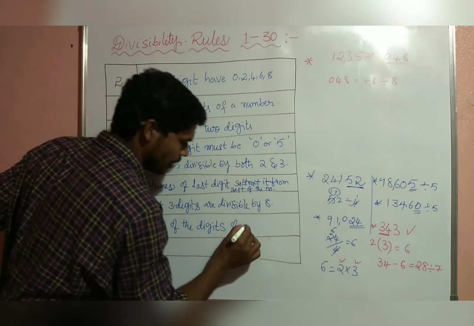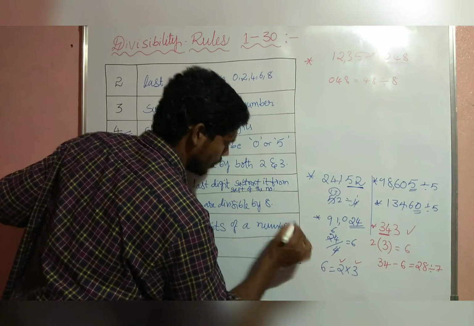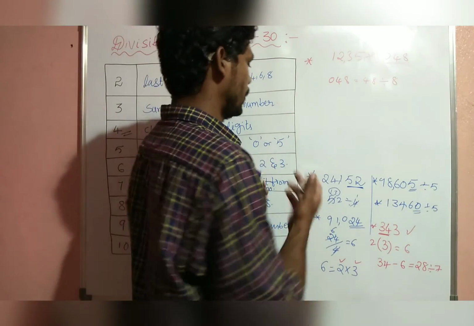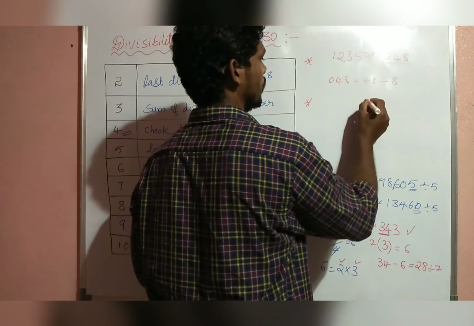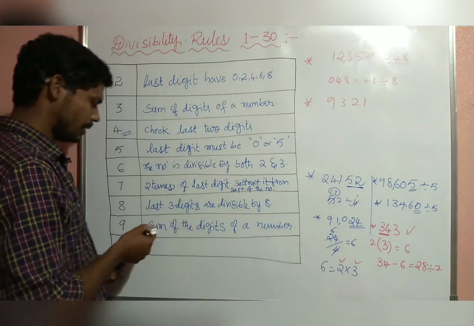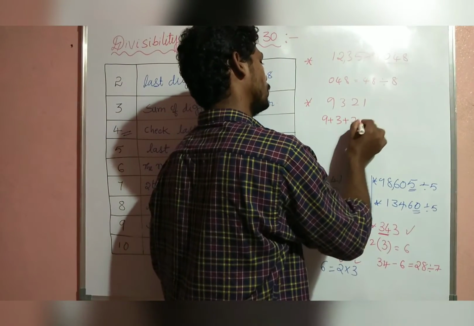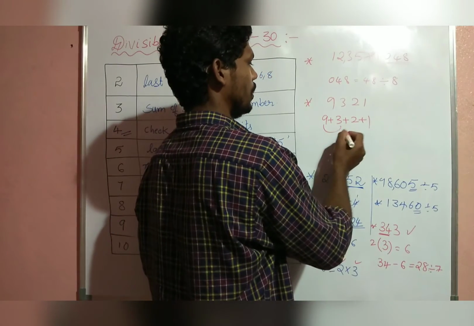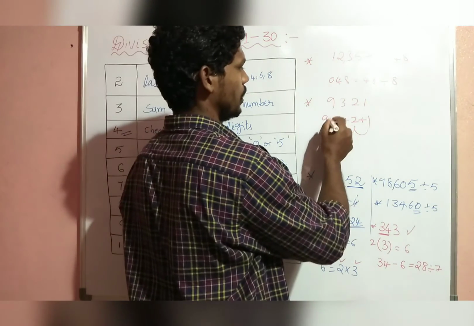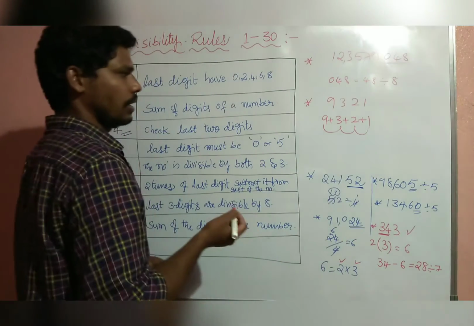We will do one example on it. 1, 2, 3, 9. Here the sum of the digits: 9 plus 3, 12, 12 plus 2, 14, 14 plus 1, 15. 15 is not divisible by 9.